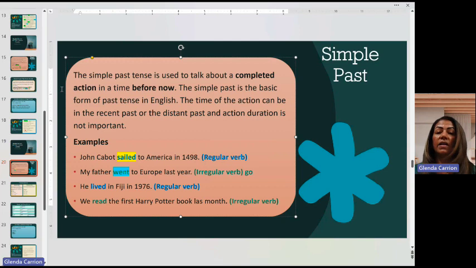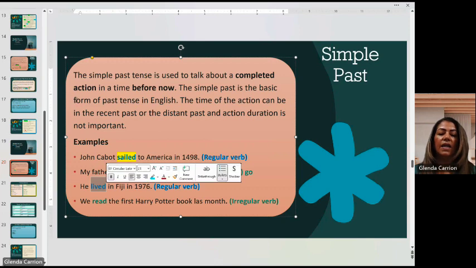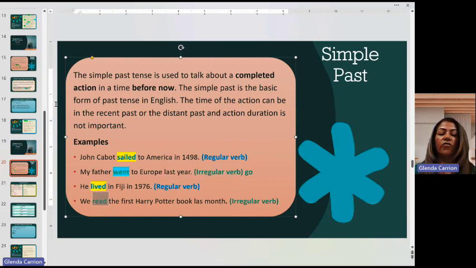Okay, let's look at another example before. He lived in Fiji in 1976. It ends in ed, therefore is a regular verb. And the last example says, we read the first Harry Potter book last month.